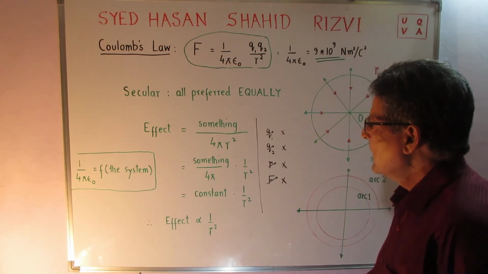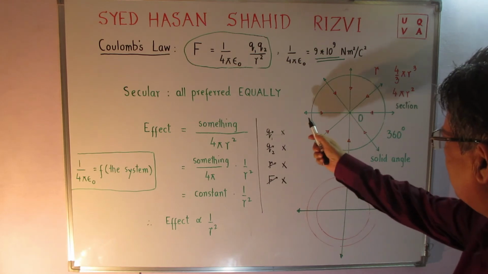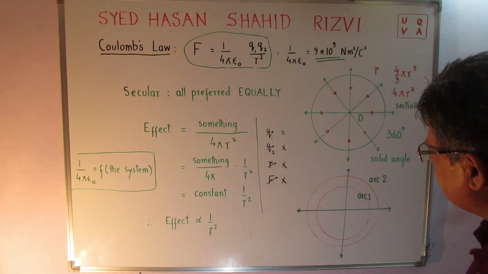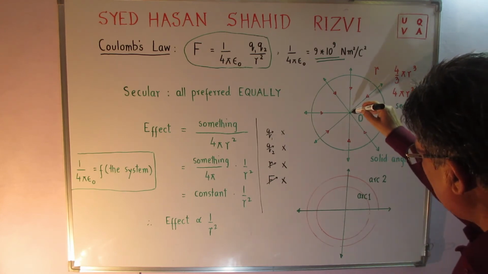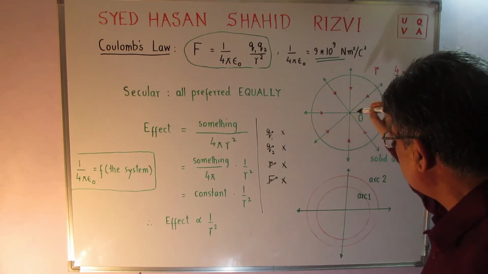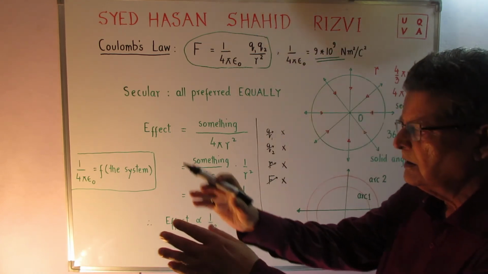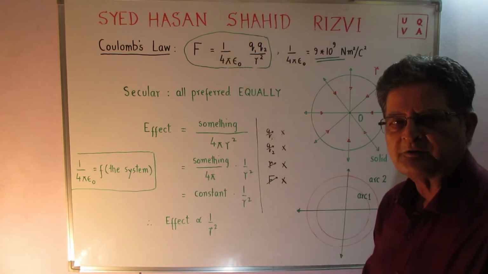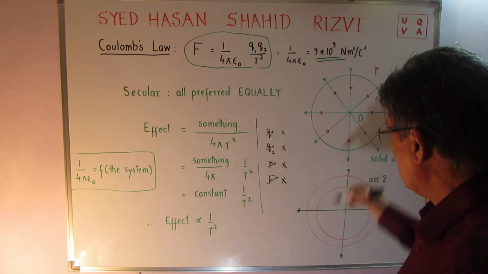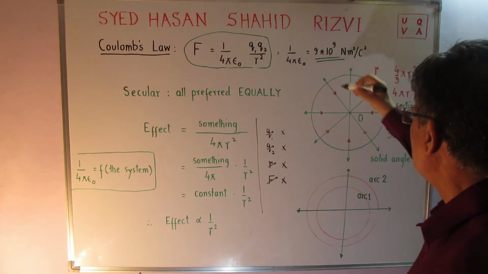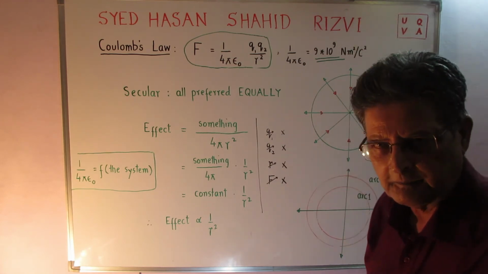Friends, this drawing simply shows that because of the charge over here or because of the mass over here, there are some lines which are coming, which are diverging when flux out is there and converging when there is a flux in.